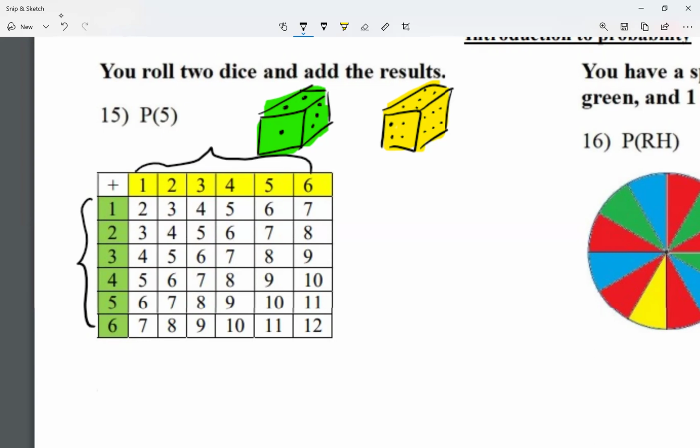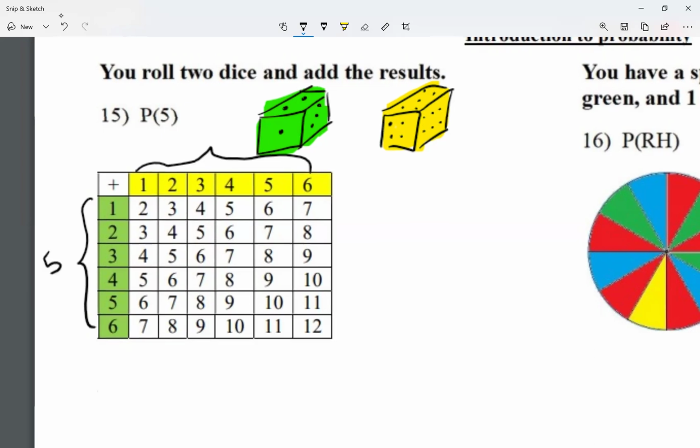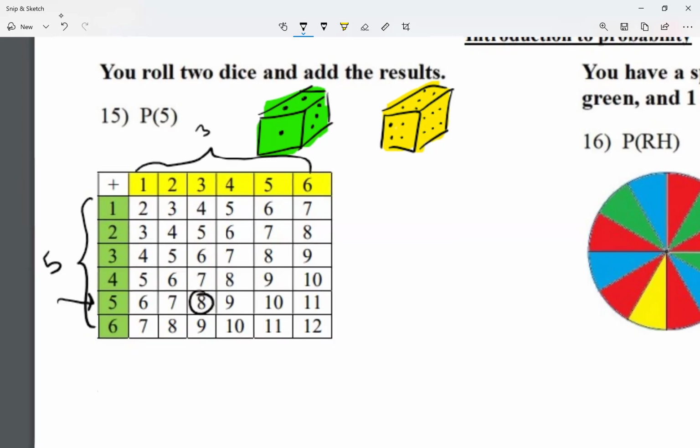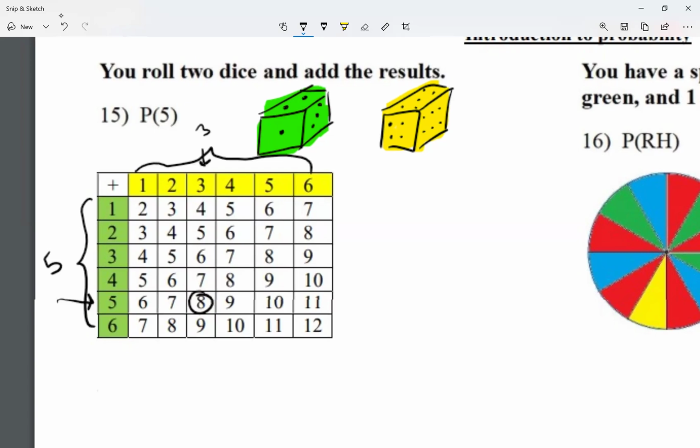For example, let's say on the green I get a 5, and on the yellow I get a 3. That's right here, 5 green, 3 yellow. If I add my results, I get an 8. So here are all my possible outcomes.